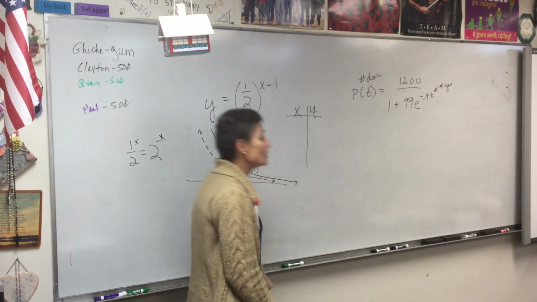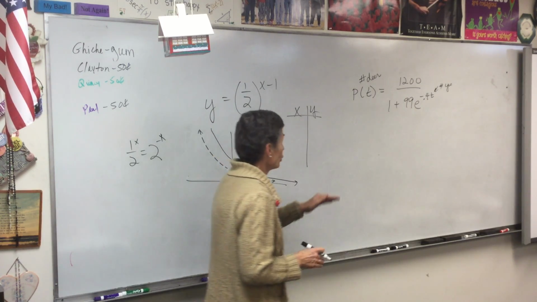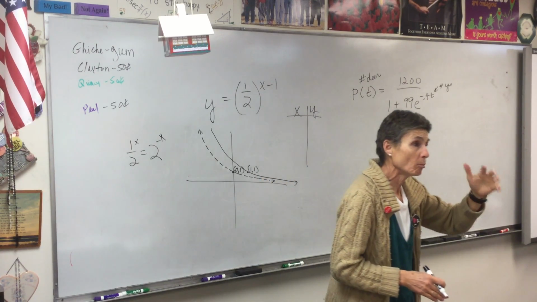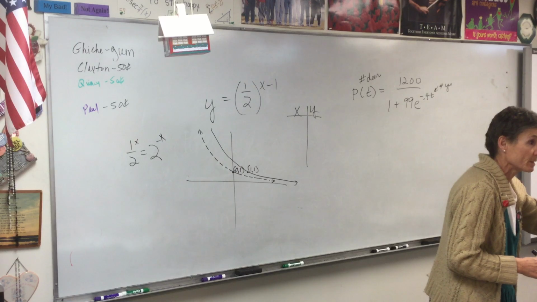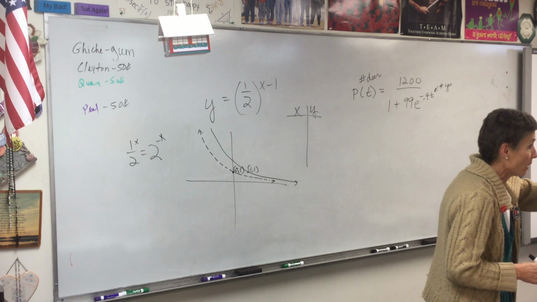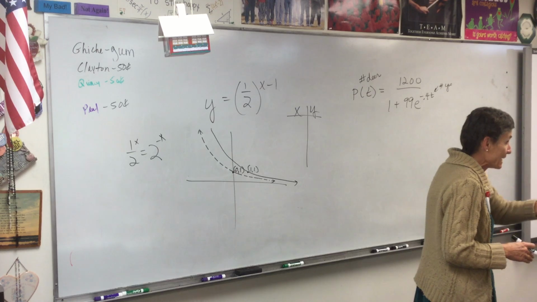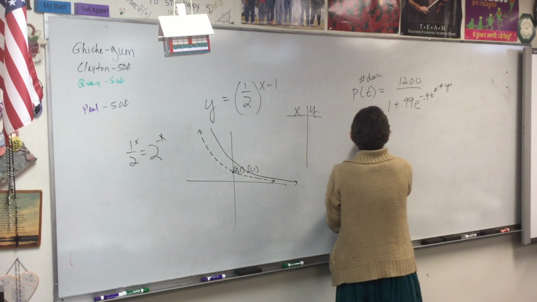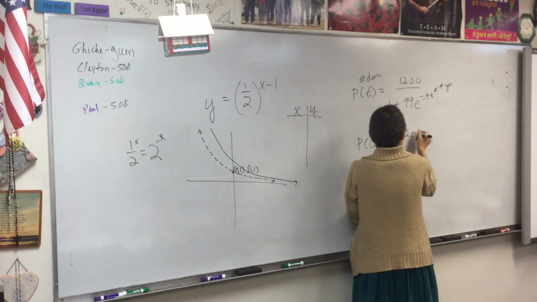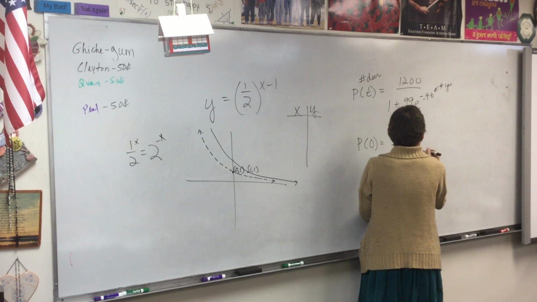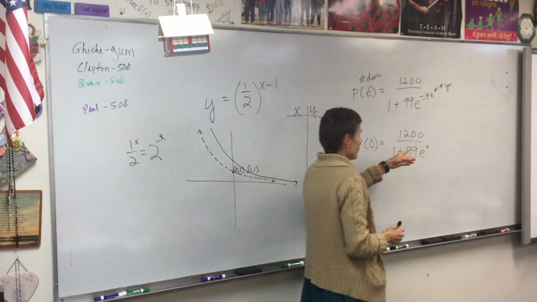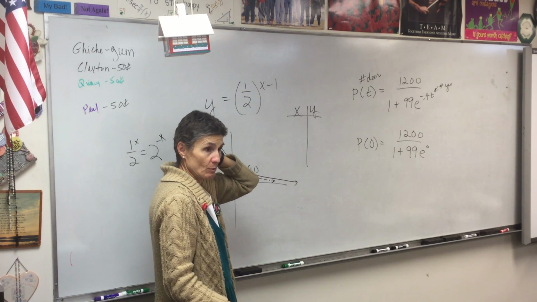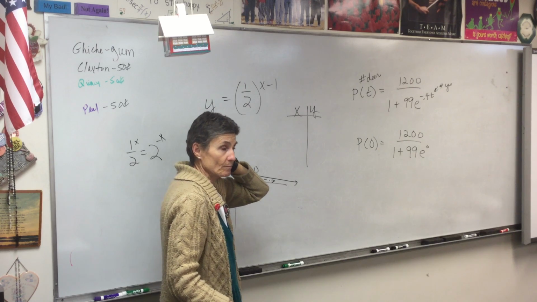No! No! You cannot look at a logistic equation and tell me the initial population. What does initial population mean? The population when? When T is 0. Initial, beginning, after no years, right? So you have to plug in 0. To find the population, you have to plug in 0. If I plug in 0, won't I have e to the 0th? And what's e to the 0th? 1.